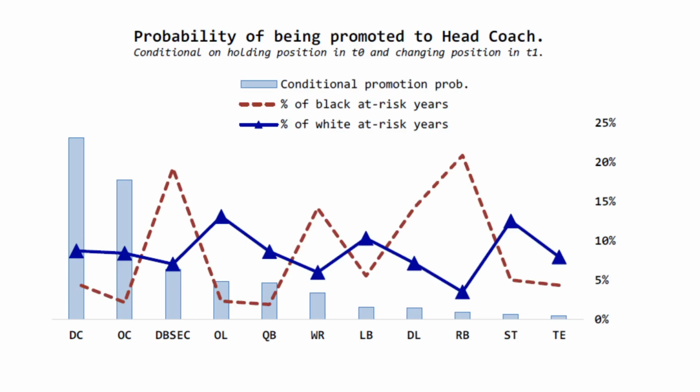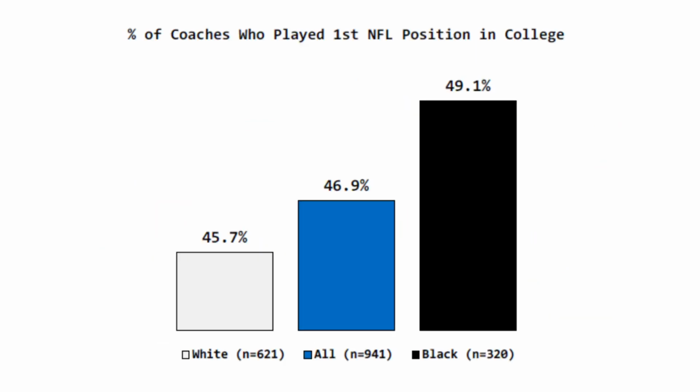So not only do we have an allocative issue, in that more white coaches start out at a defensive or offensive coordinator, but they are even more likely to be promoted to head coach, even within that same position, than the black defensive and offensive coordinators. So we've got discrimination going on at multiple levels.